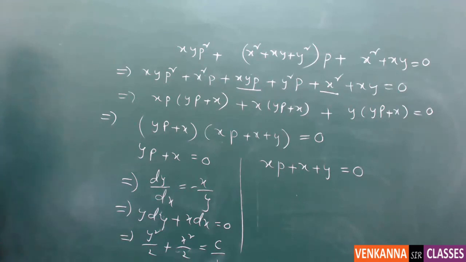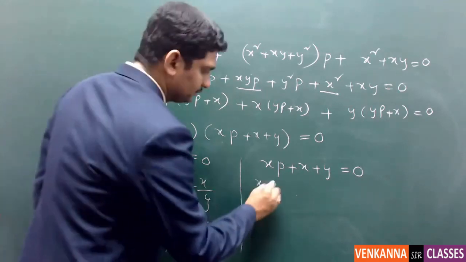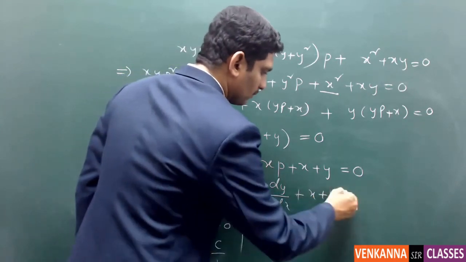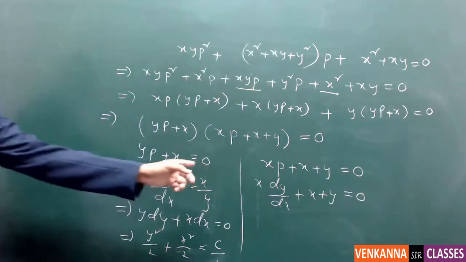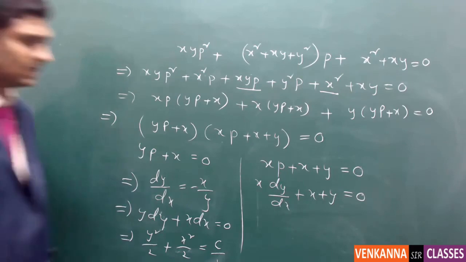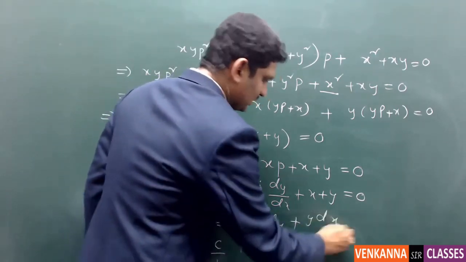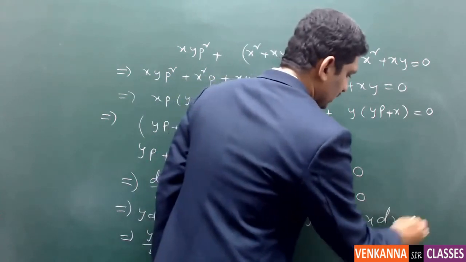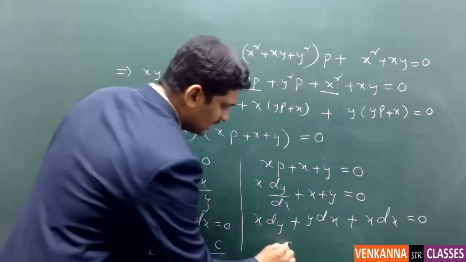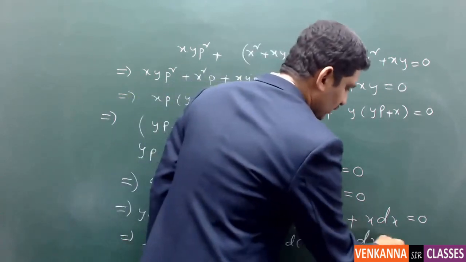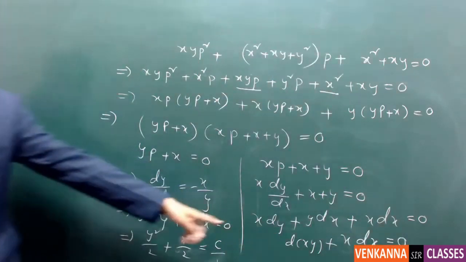So if you write that, it will come as: multiply the total equation with dx, then x dy plus y dx plus x dx equal to 0. So this will be written as derivative of xy plus x dx equal to 0. Then it will become integrable.